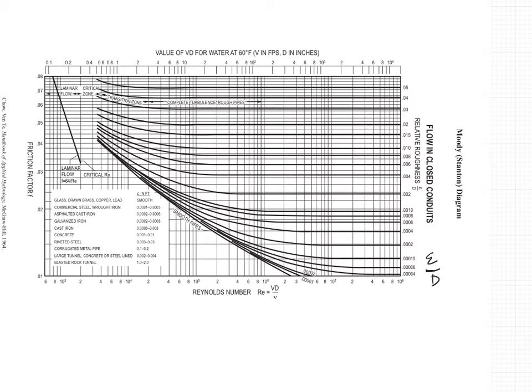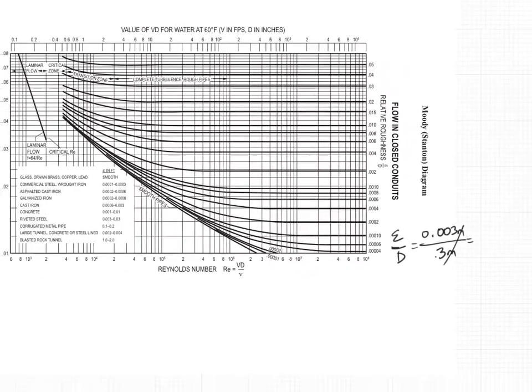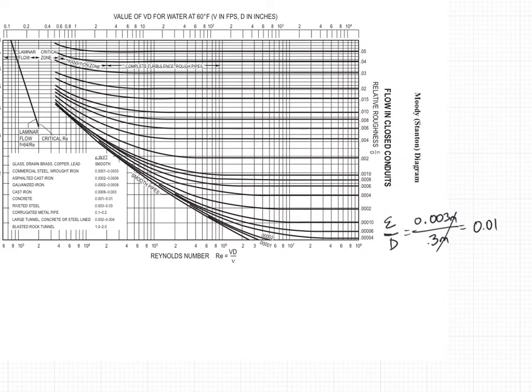Well, the epsilon is 0.003 meters, and the diameter is 0.3 meters. Notice it's unitless, so those cancel out. So this is going to be 0.01. Okay, cool. All right, we're cooking with gas.